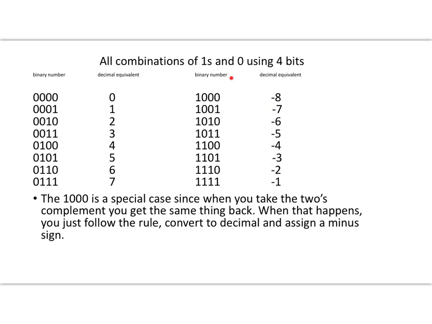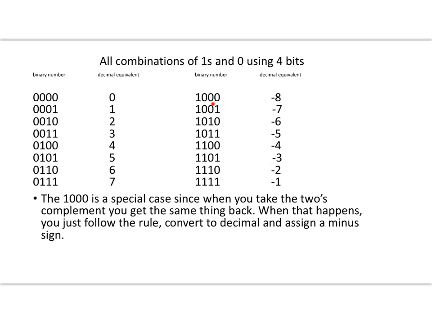Now this one is kind of a special case, because if you take 1, 0, 0, 0 and take the 2's complement of it, you're actually going to get the same number back again. You're going to get 1, 0, 0, 0 back again.